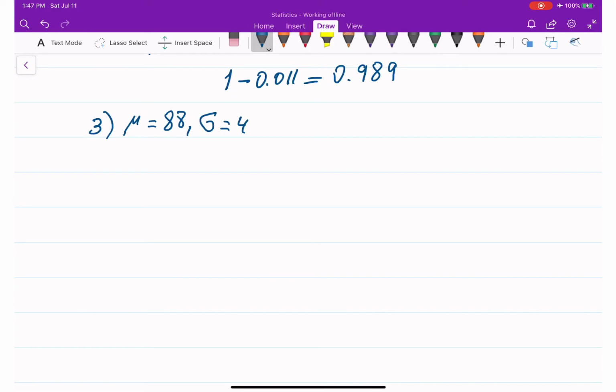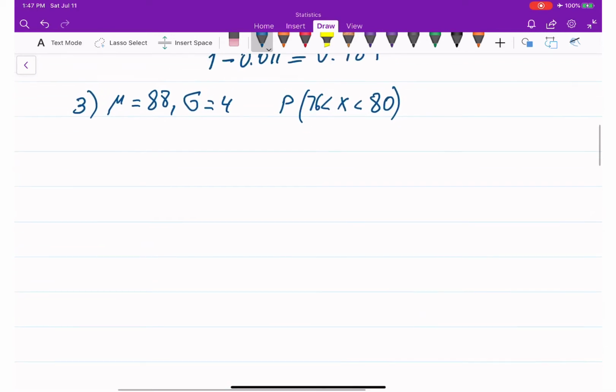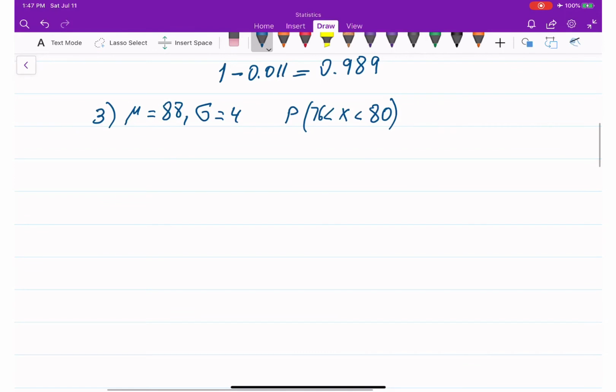We need to find the probability for x greater than 76 and less than 80. Okay, what does that mean? Let me explain.